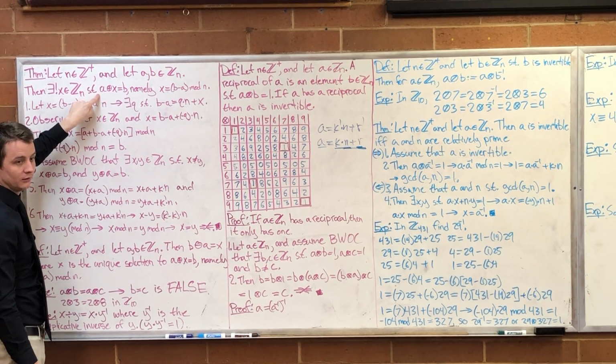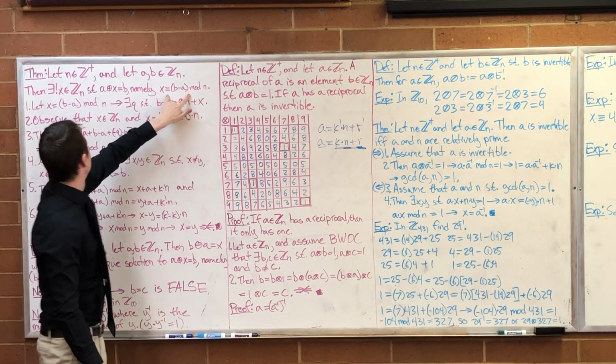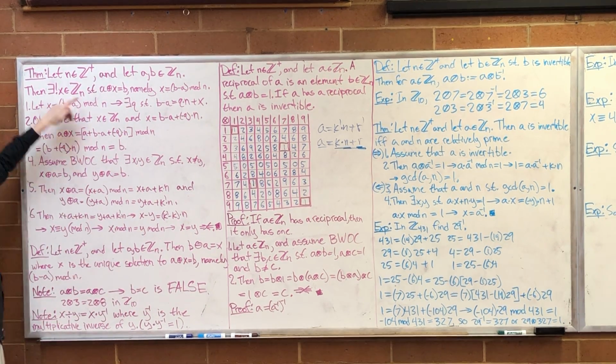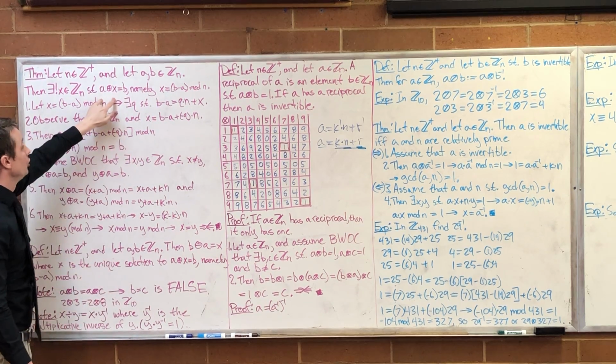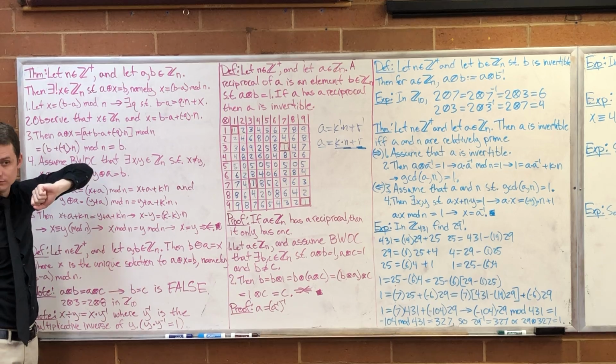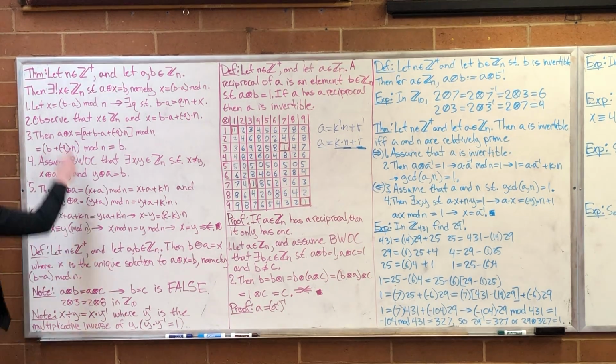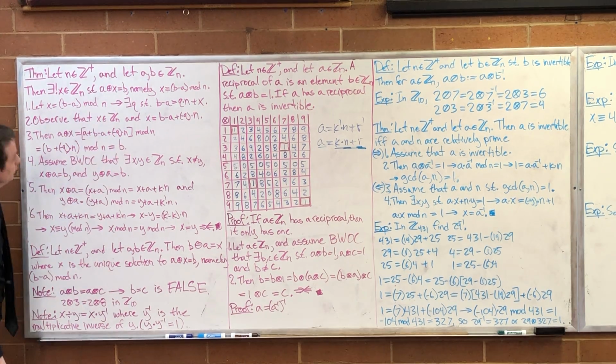With me? Okay. So we're going to prove that this thing right here is in Zn, that this thing right here is a solution to this, and then that this thing right here is the only solution to this. With me? Okay, so let's prove. Let x equal b minus a mod n.